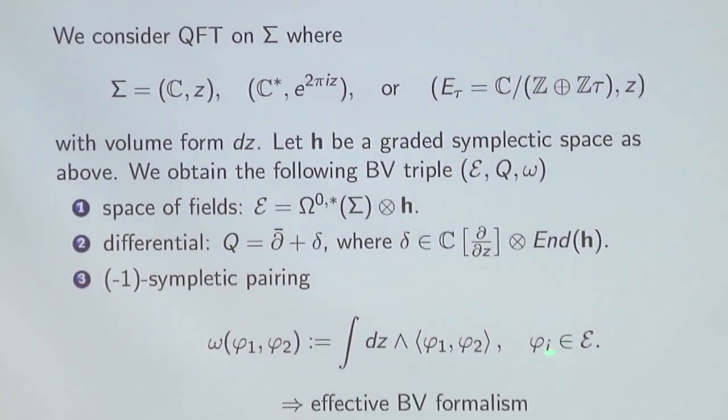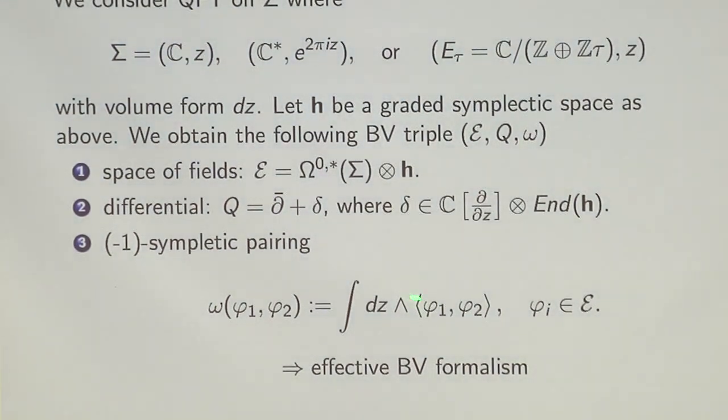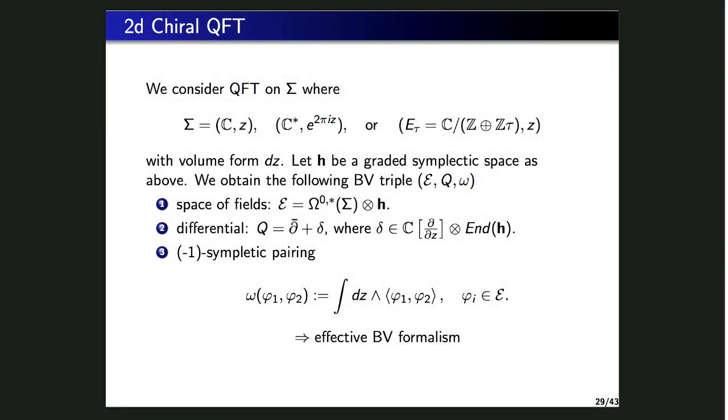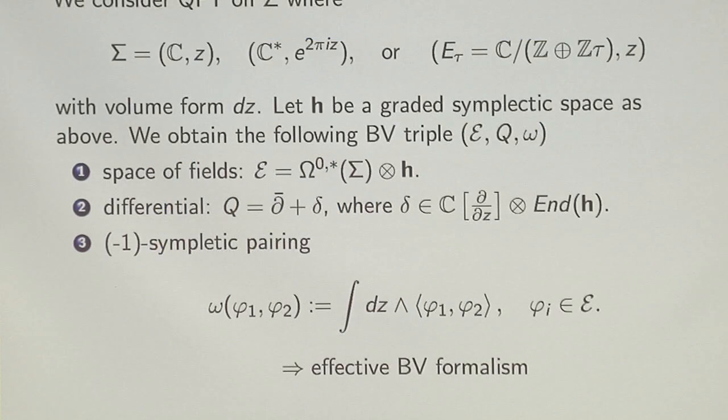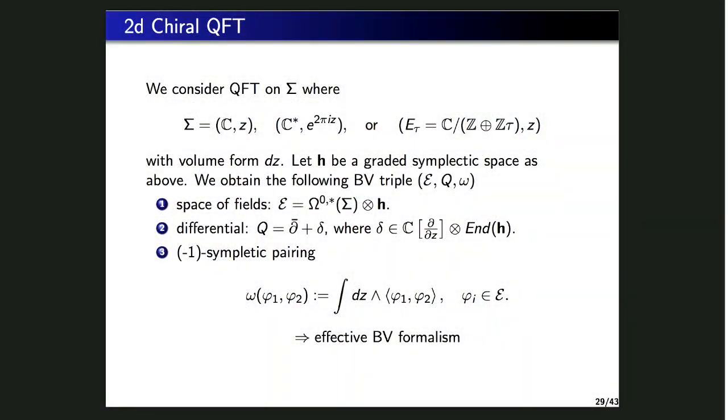So if you have any two elements from the fields, you take the pairing for this H factor using the symplectic form, and you integrate against the holomorphic form here on the Riemann surface. And you basically get a triple in the same formalism I described in the quantum field theory case. So you get an effective BV formalism. You can study and perform this quantization in a homotopic way, as I explained, by looking at all the possible regularizations and studying the homotopic relationship between any two of them.